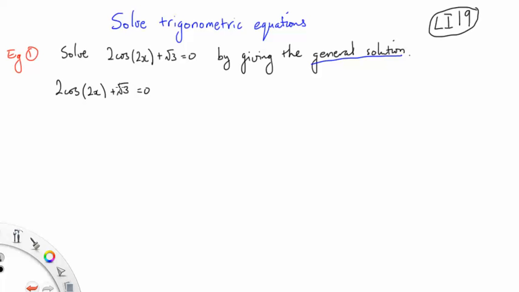Here's our equation. Let's minus the square root of 3 from both sides. And let's divide both sides by 2. There we are. Okay, we've done our algebra. Now you have to be able to recognize the key angle.